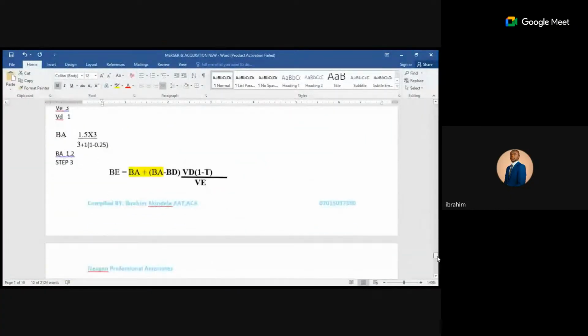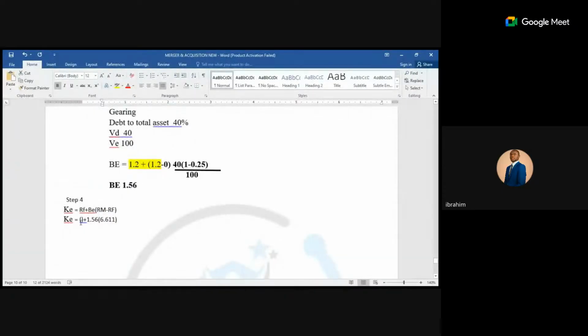So we can have 5.1 plus, what is the basis point? 0.9. Everything is plus 0.9.